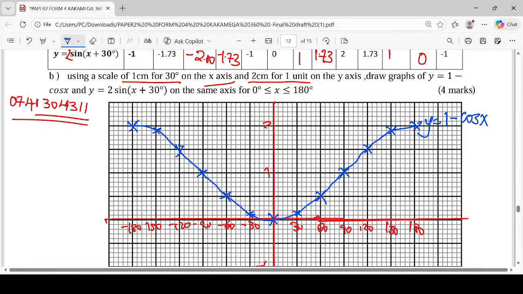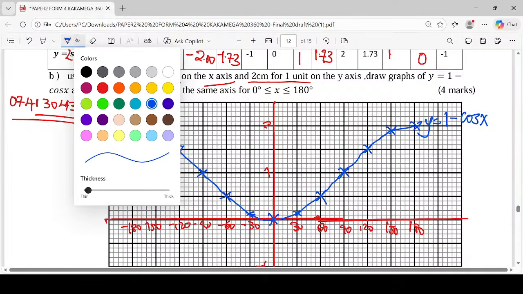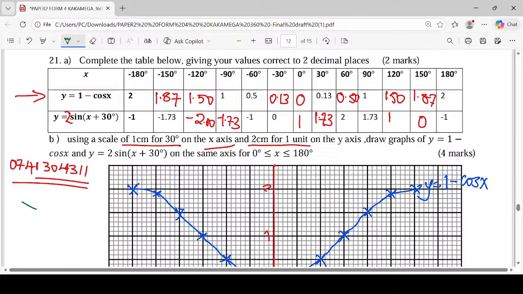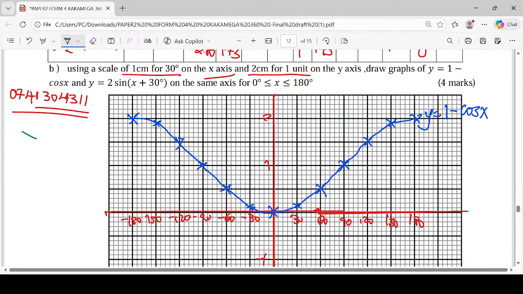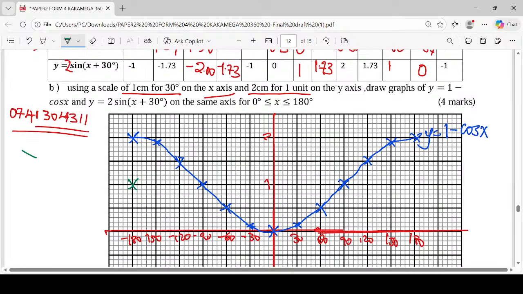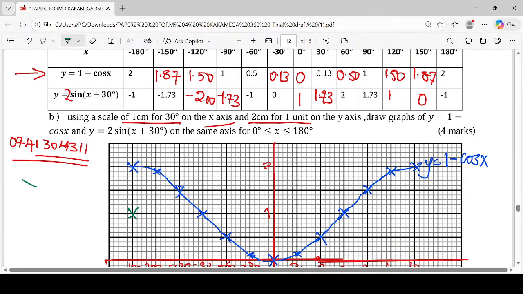Let me draw the next curve, and I can use a green pen. Hopefully it will be visible. Negative 180, it's here at negative 1, not positive 1.